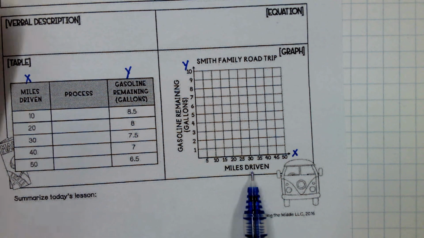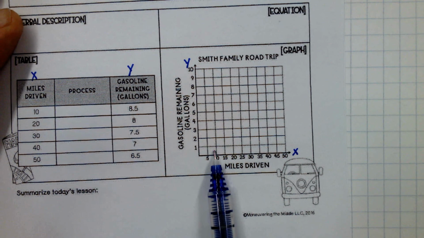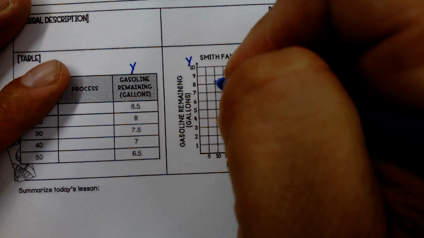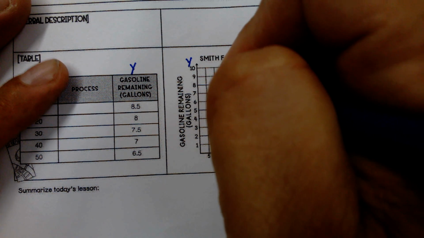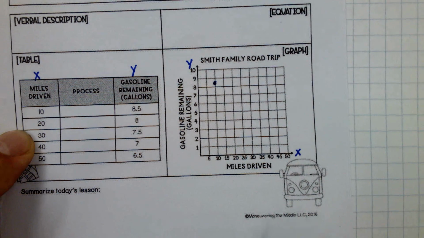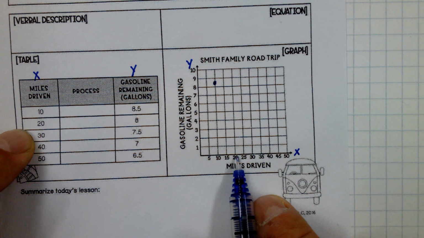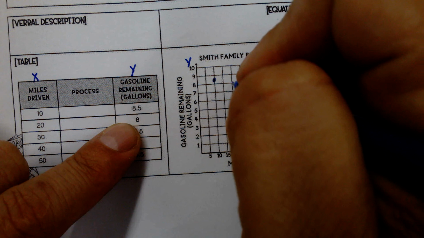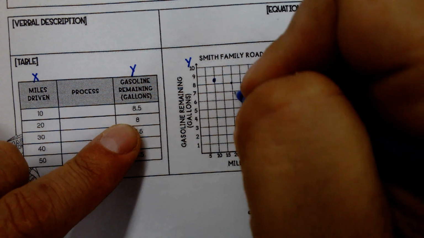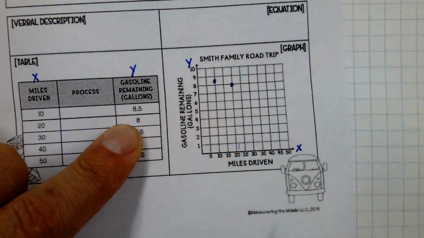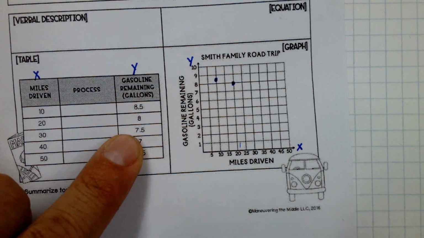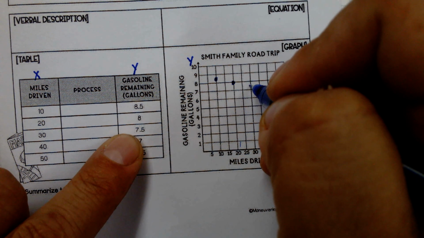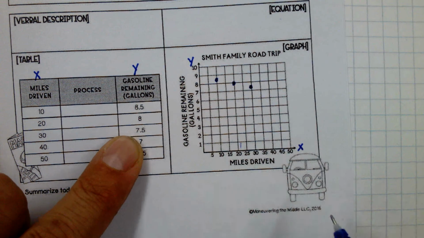Let's just plot a few of the points and see what we get. So let's see, 10 and 8.5. So here's 10, let's put 8.5. Put a point there. 20 and 8. 30 and 7.5. Here's 30 and 7.5. Okay.